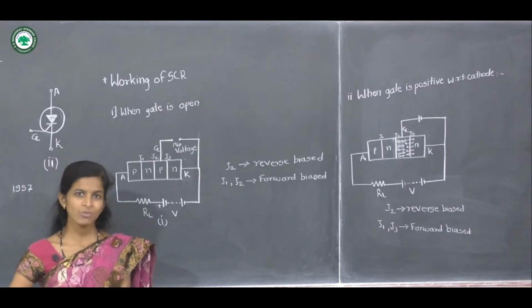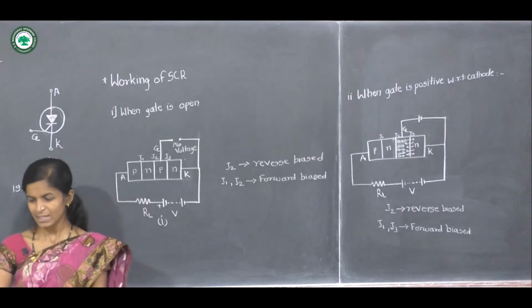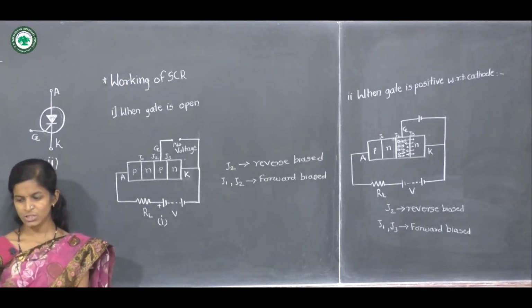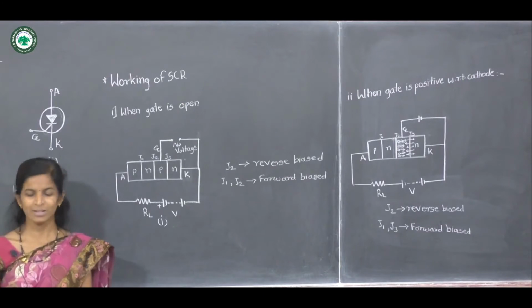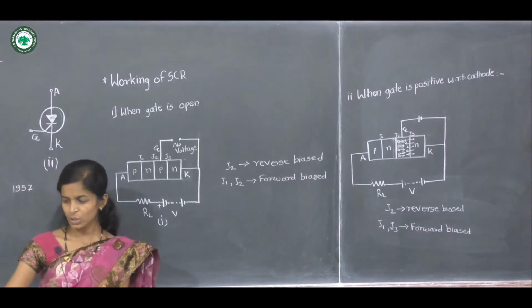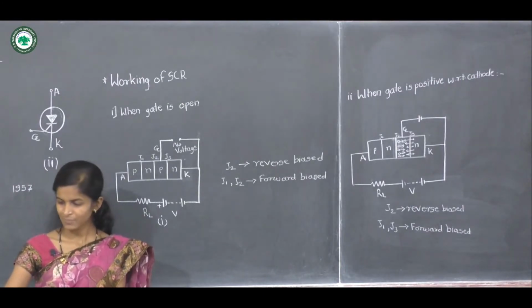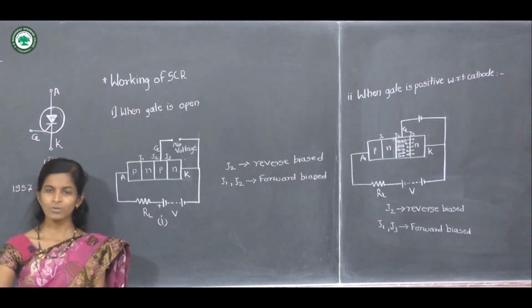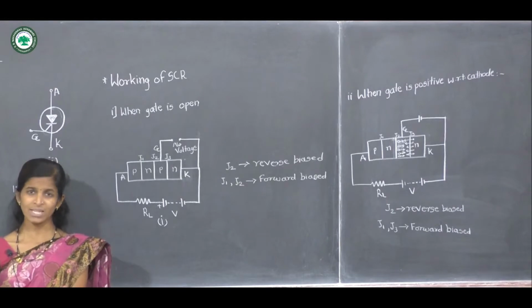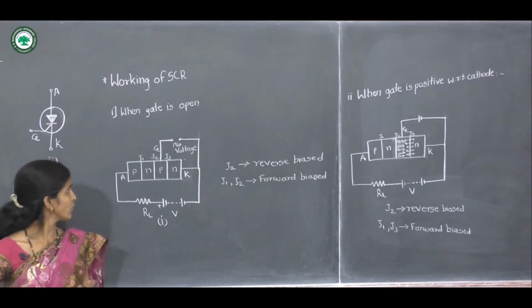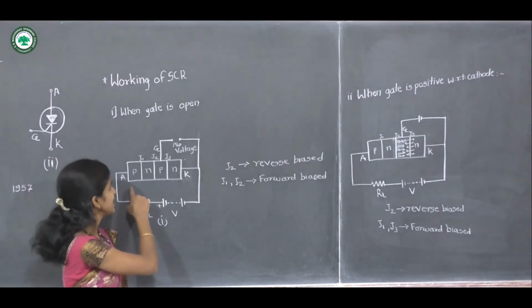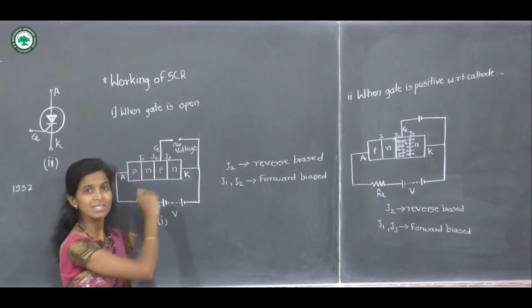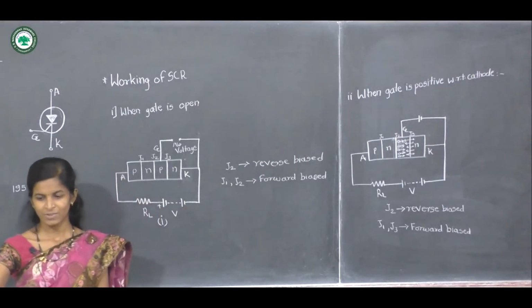Then the next point to consider is that there are two ways to turn on the silicon controlled rectifier. First is to keep the gate open and make the supply voltage equal to the breakdown voltage. In this way junction J2 will break down and the SCR will start conducting heavily.